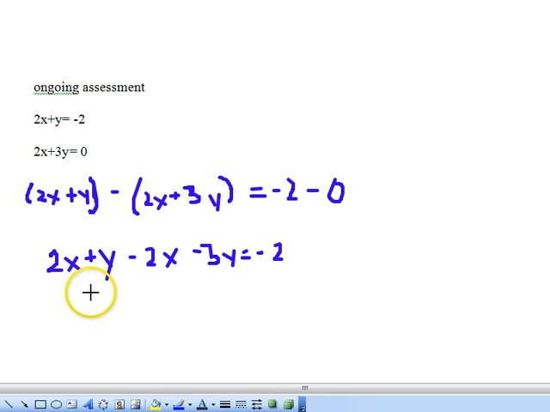Okay. Now, as you can see here, we have a positive 2x, positive y, negative 2x, and a negative 3y. The positive 2x and the negative 2x cancel each other out.